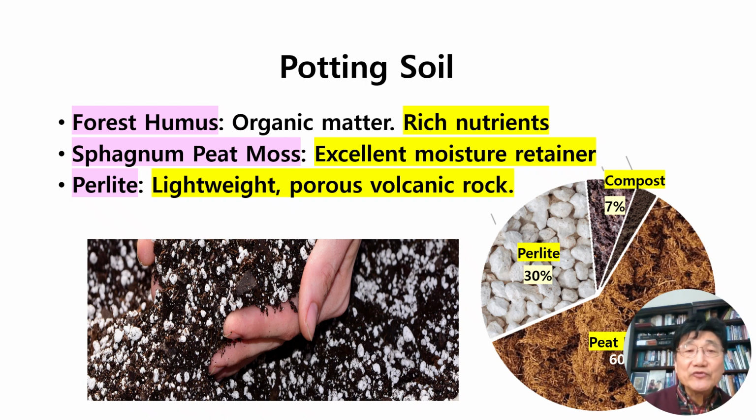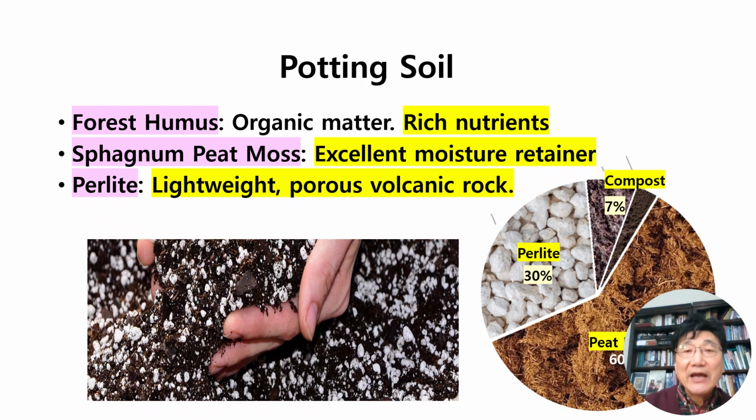It's rich in nutrients and provides a stable, long-lasting structure for the soil. Peat moss is an excellent moisture retainer and helps to improve the soil's structure and aeration. It's often used to keep the mix from becoming too compacted.